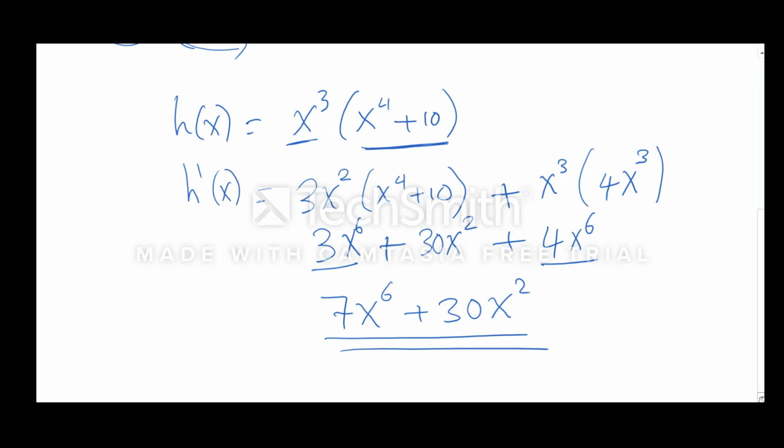Okay, let's do another example. Say we have a function y equal to x to the power of 5 sine x, and we want to find y prime. Here you have two functions: one function is x to the power of 5, and the second function is sine x.